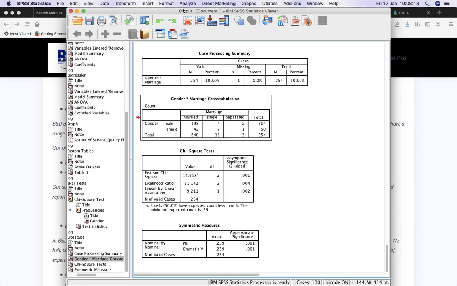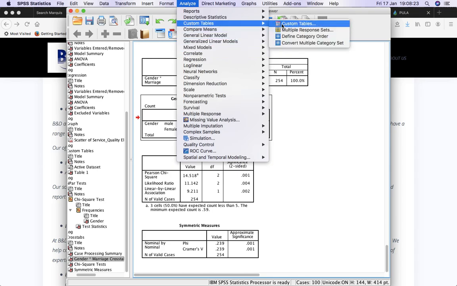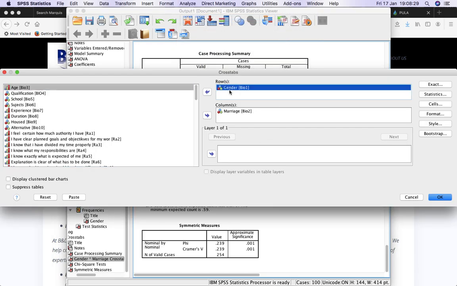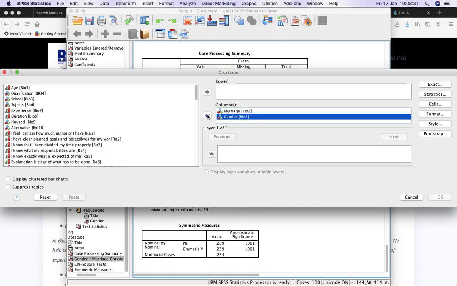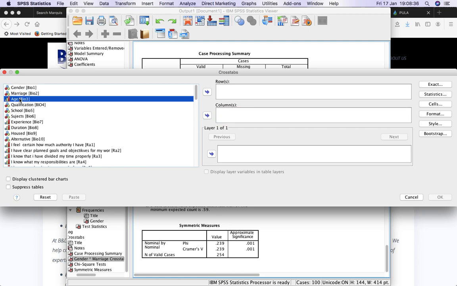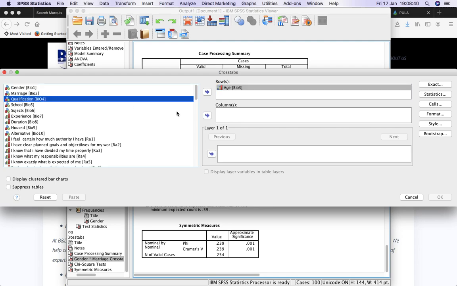We also have the ordinal by ordinal. I just want us to check on that. Cross tab. Let's remove the others. So you have maybe gender, then the qualification.